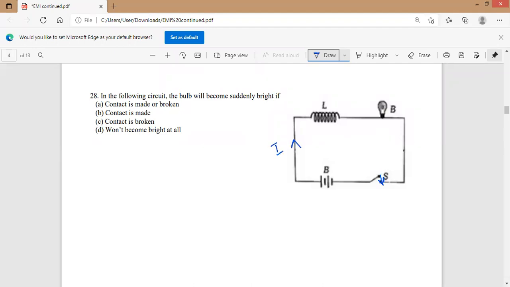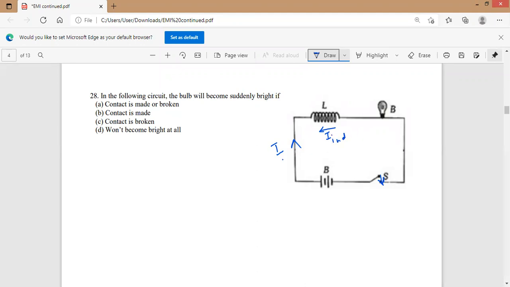As a result, initially when the circuit is closed, the current is increasing. So due to that increase in current, EMF is induced in the coil such that it will produce an induced current in the opposite direction to the main current, because it has to oppose the cause according to Lenz's law. Therefore, this is the direction of induced current.